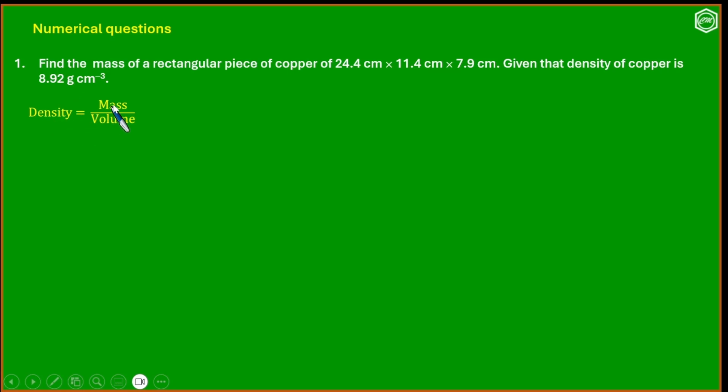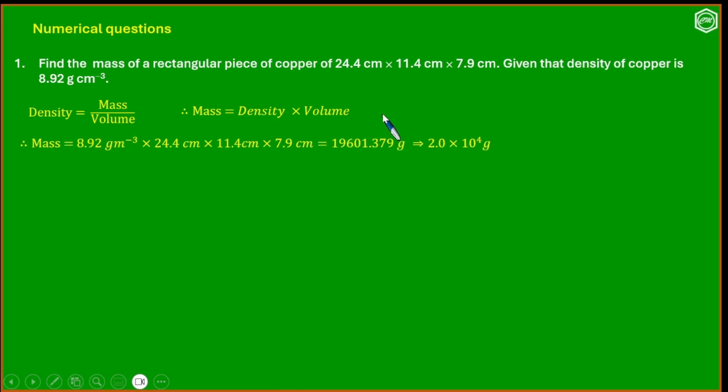We know density is equal to mass by volume. Therefore, mass is equal to density into volume. Therefore, mass is equal to 8.92 gram per centimeter cube, that is the density, into 24.4 centimeter into 11.4 centimeter into 7.9, and this will be the volume.